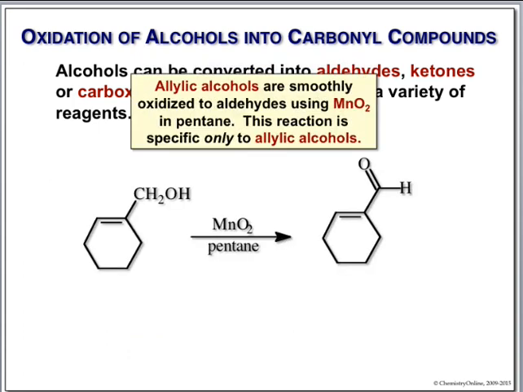And one other oxidation that's worth mentioning, if we take an allylic alcohol, again, the allylic position just does magic things sometimes. Allylic alcohol in the presence of MnO2. Now, MnO2 isn't even soluble in anything, but it's a powerful enough oxidant just on its surface to convert this to the aldehyde, and it stops there.